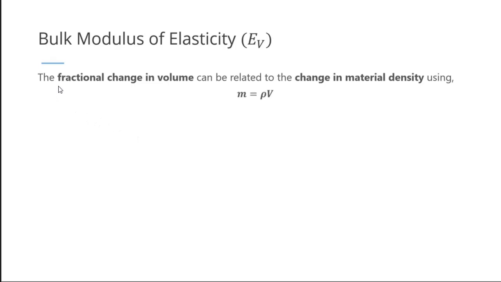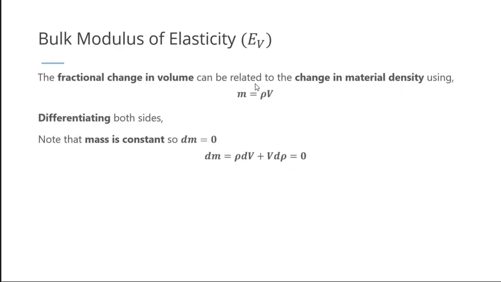So we can relate the fractional change in volume to the change in material density. We have here mass is equal to density times volume. So dito tayo magsisimula to relate the fractional change in volume to change in material density. So let's differentiate both sides. Note that mass is constant, so differential of mass is 0.